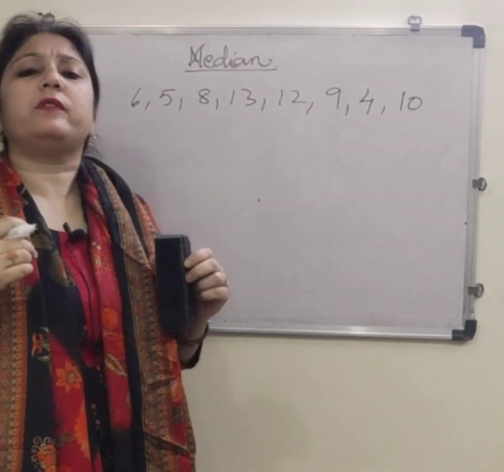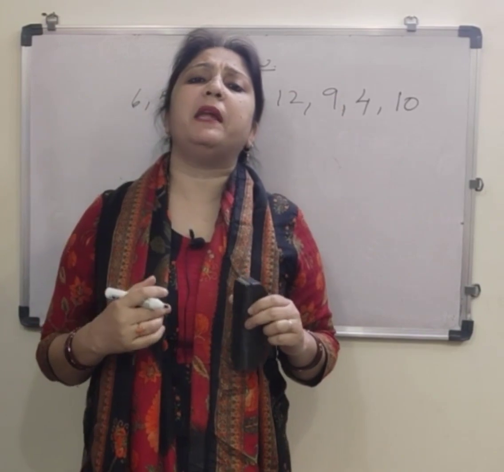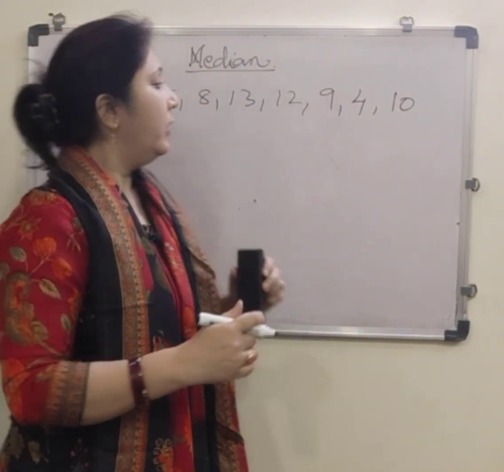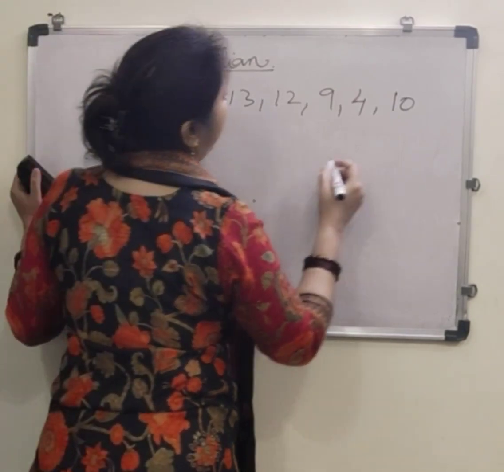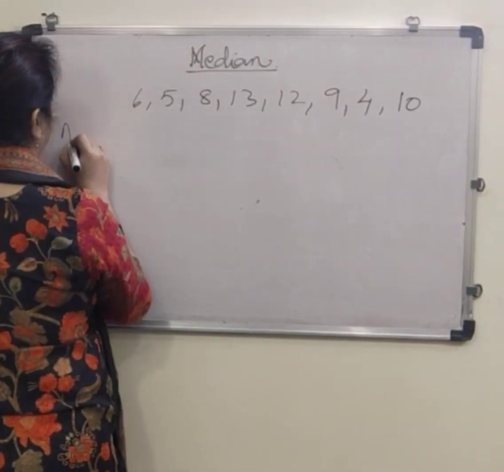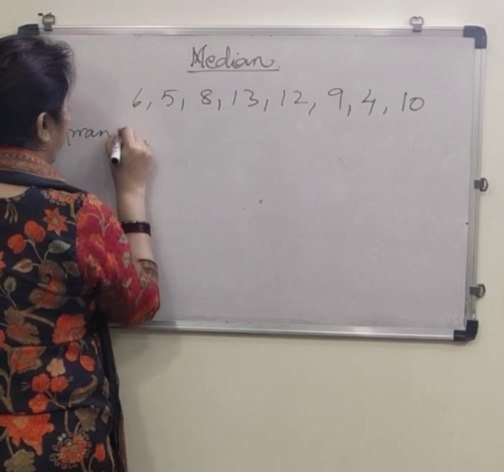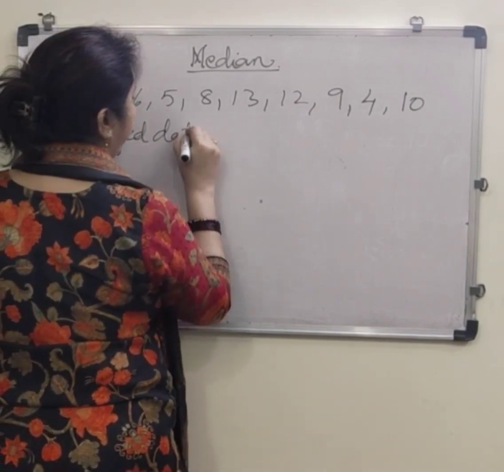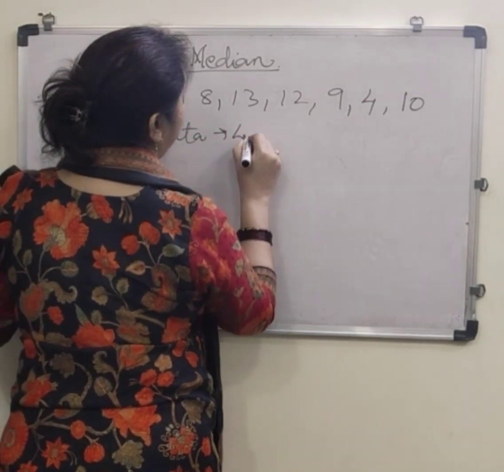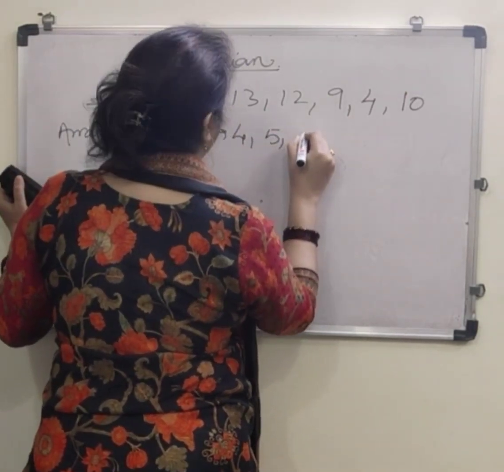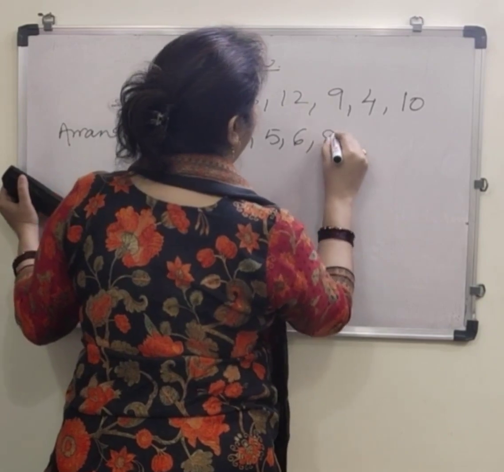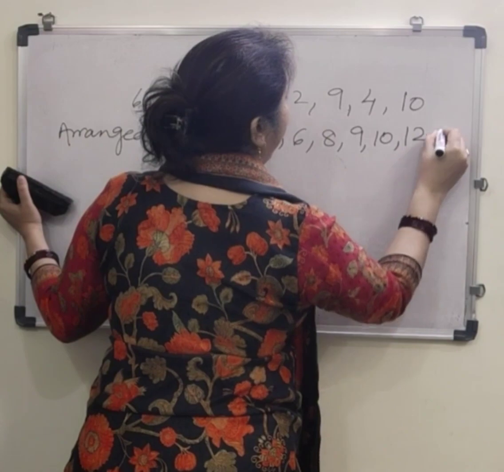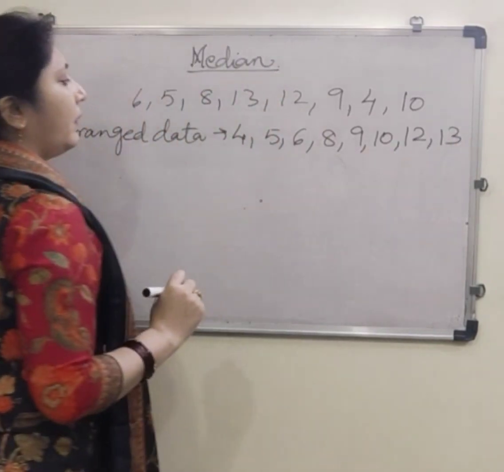Again, your first step would be arranging this data in ascending order. So your arranged data would be 4, 5, 6, 8, 9, 10, 12 and 13.